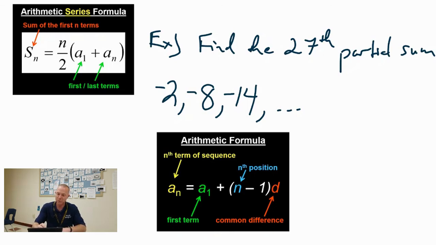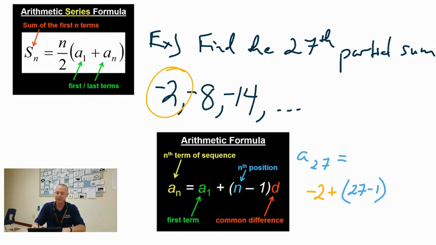So if I want to find the 27th number, a sub 27, I just need the first term. Okay, well that's -2. I've got the first term plus the total number of terms, so 27 minus 1, and then we need this d value.